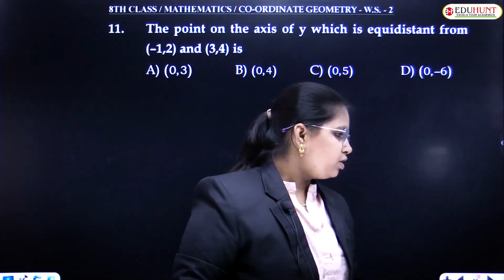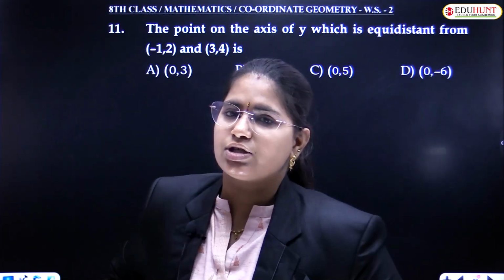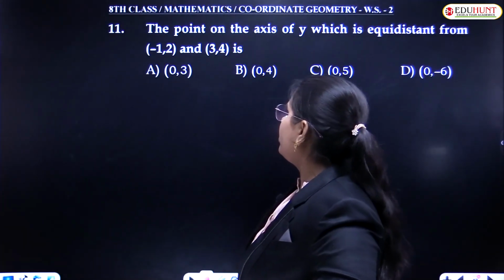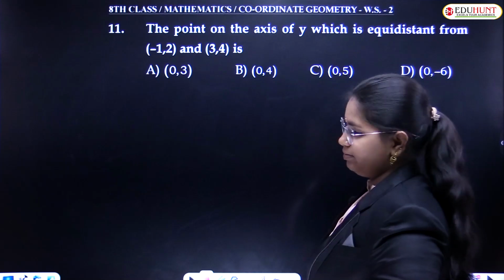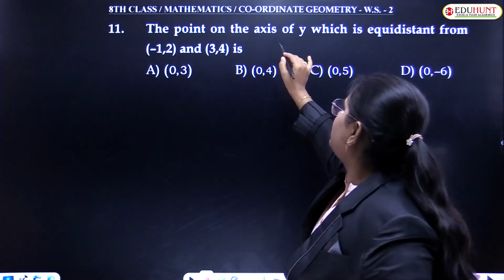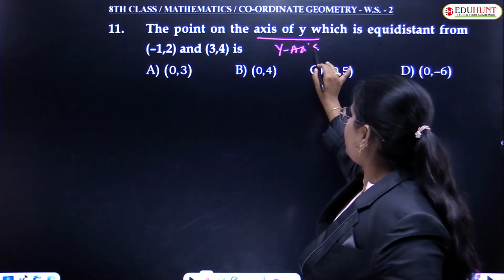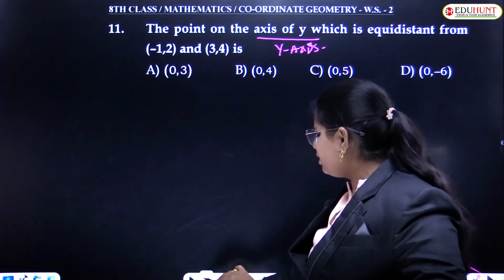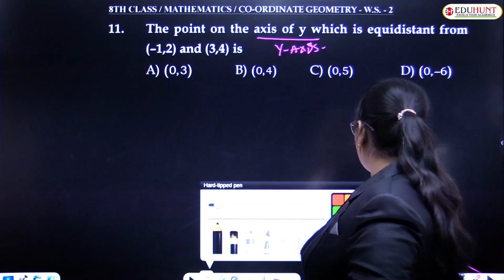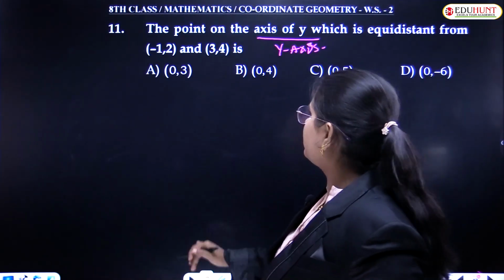Chalo. Here we have the next question. So what is my next question? See, the point on the axis of y. Simply it is the y-axis. What does axis of y mean? The point locates on the y-axis. Simple.